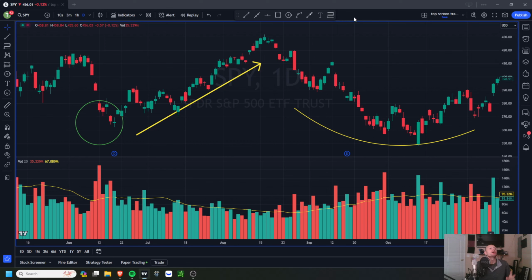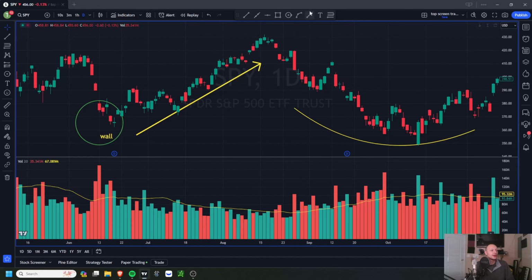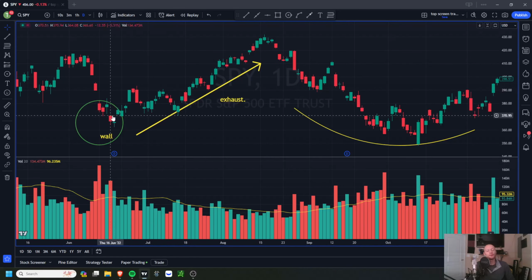Okay, so here we have a wall. Here is essentially going to be exhaustion in a down move, right? Because if we're pulling up and we're losing force, that tells me that force is in the down move, right?